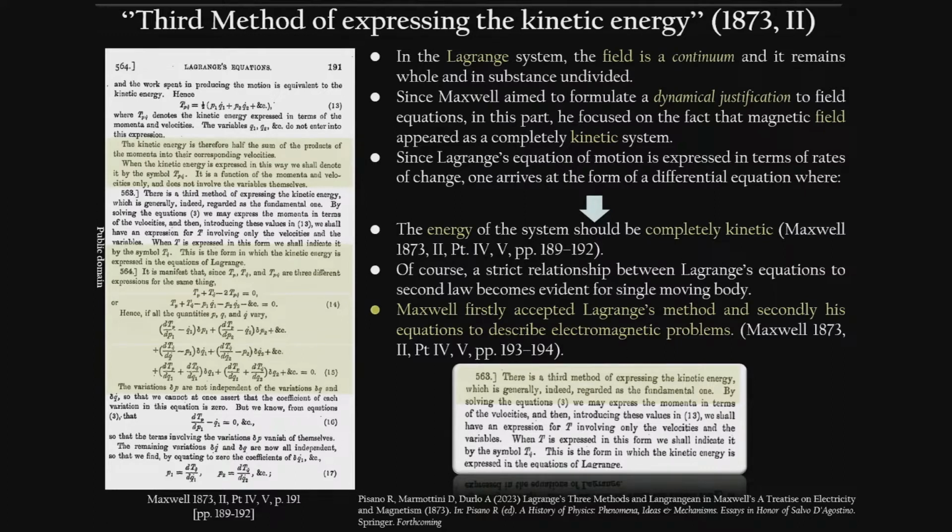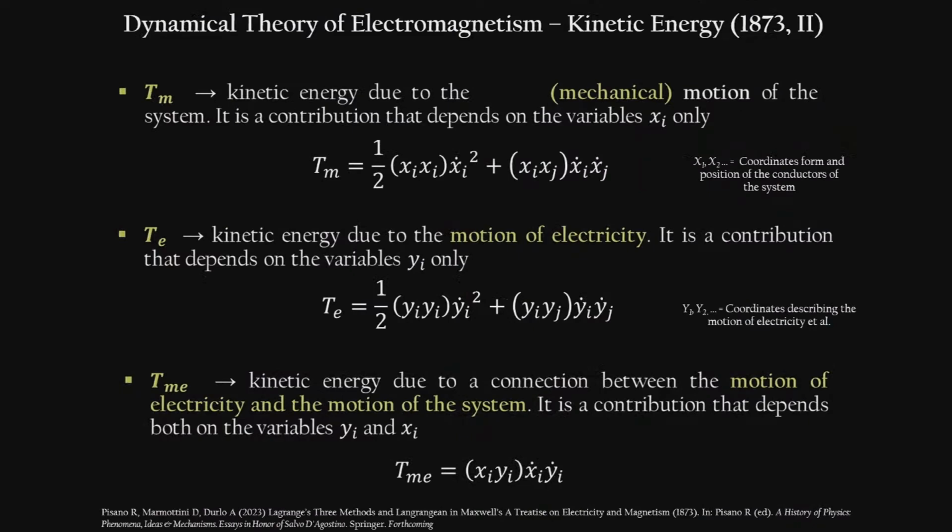There is a third method of expressing the kinetic energy, which is generally indeed regarded as a fundamental one. And he used this third method. He proposed to the reader three methods, and the third method was the Lagrangian one. This is how he arrived at talking about the motion of electricity, the motion of the system. If we talk about motion in electricity, we have to think about the charge in motion.